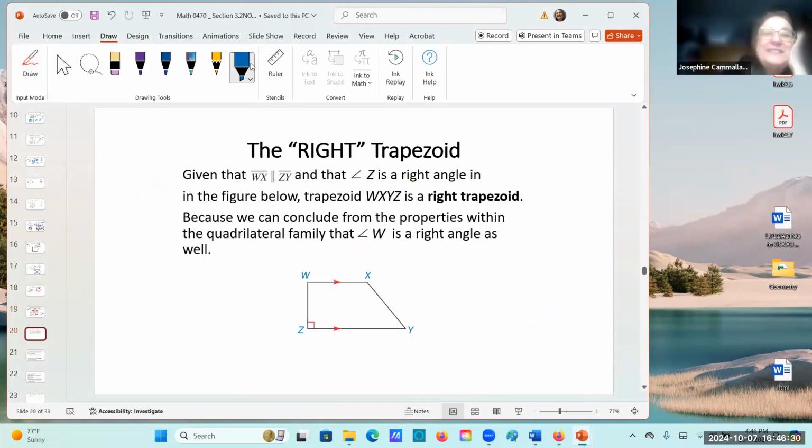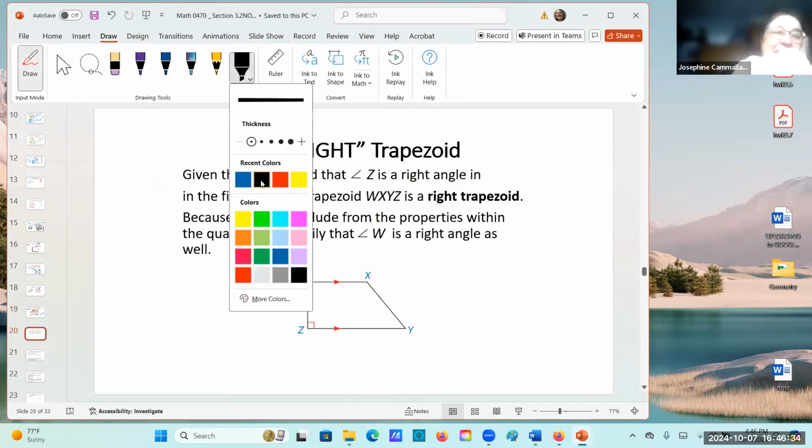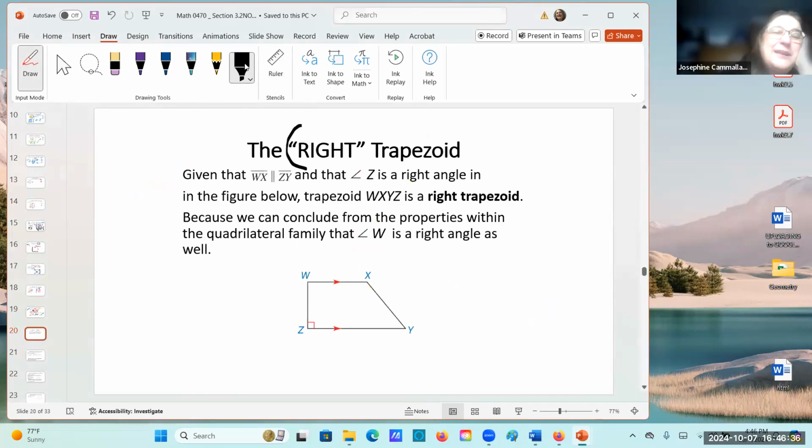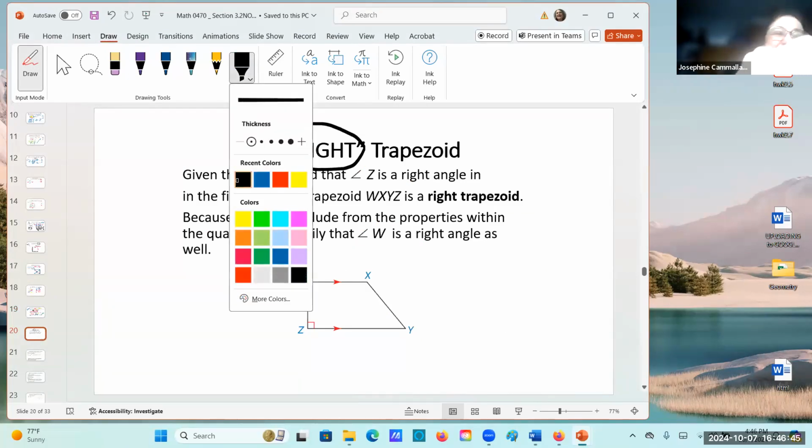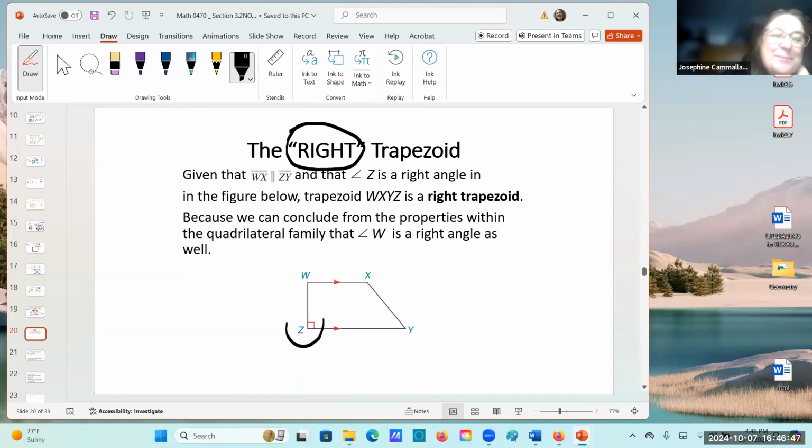Now, this is our second type. Our second type is called a right trapezoid. Look at right here, I have a box.